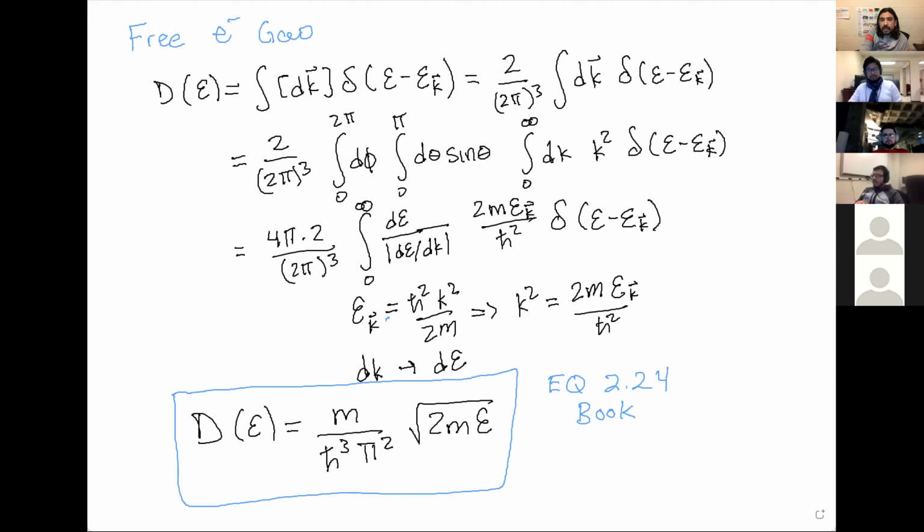All right, so now let's talk about the next type of calculation, which is the number of electrons. So this is not difficult. It's actually pretty easy. What we want to know is how many electrons fit in a sphere of radius kf. That is just this summation, where we have labels of the states over the k wave vector.